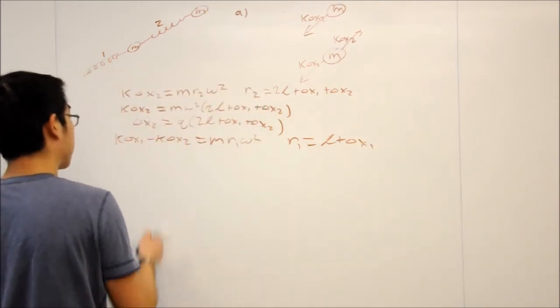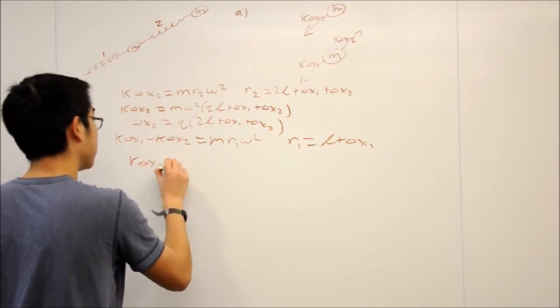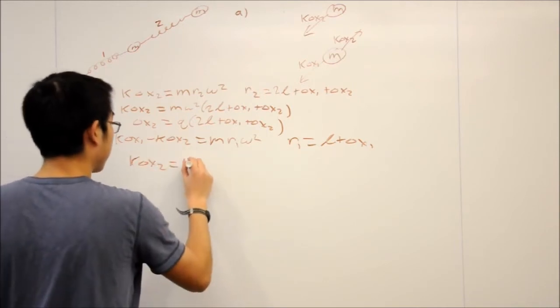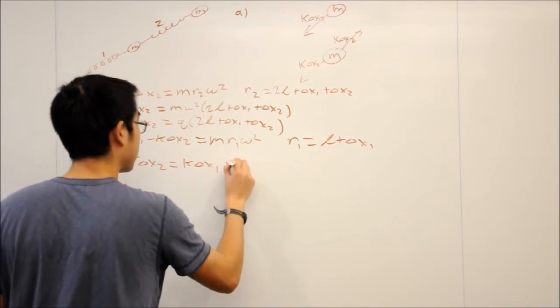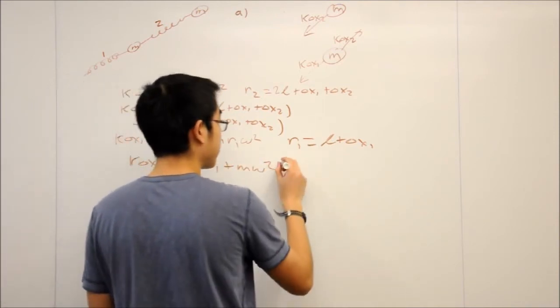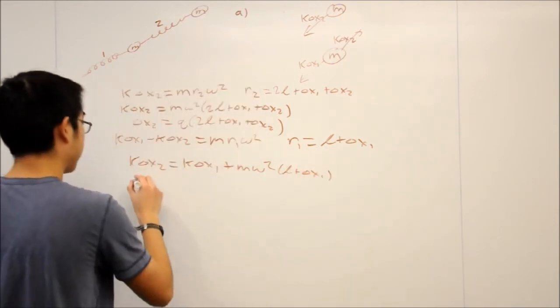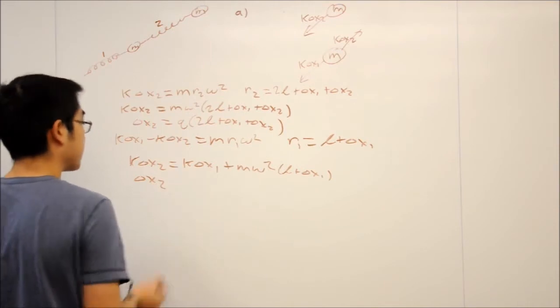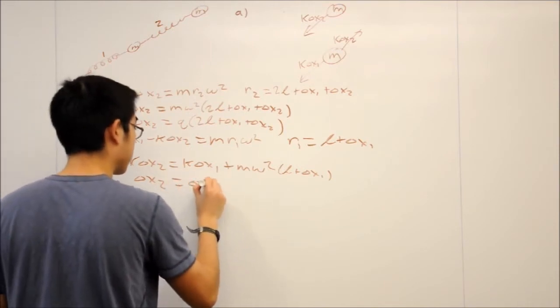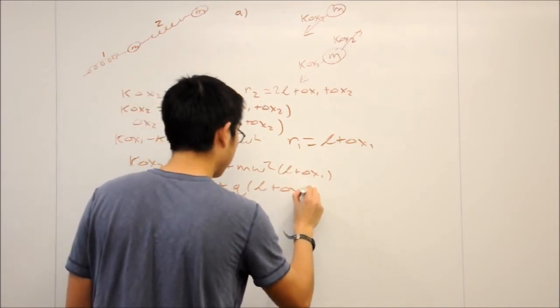So that means that if we isolate for it, k delta x2 is equal to k delta x1 plus m omega squared r1, which is L plus delta x1, and dividing by k, we get that delta x2 is equal to delta x1 plus q times L plus delta x1.